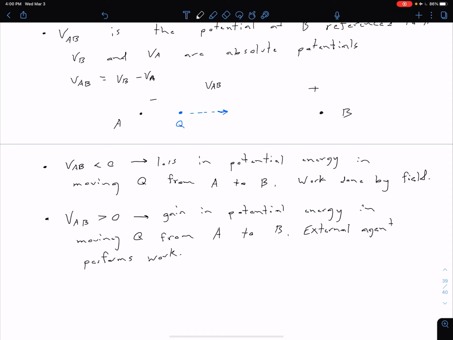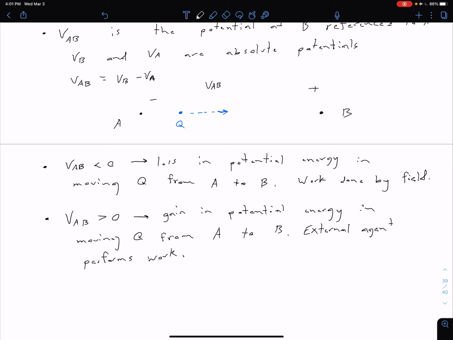If we consider this VAB as shown above to be positive valued, then we have some external agent causing this positive Q to move in the opposite direction than it would normally want to move: a positive charge moving towards the other positive charge at point B. In doing so, it's gaining potential energy.